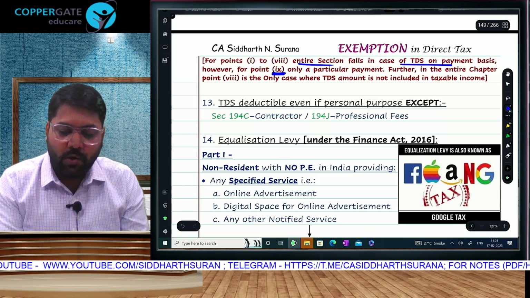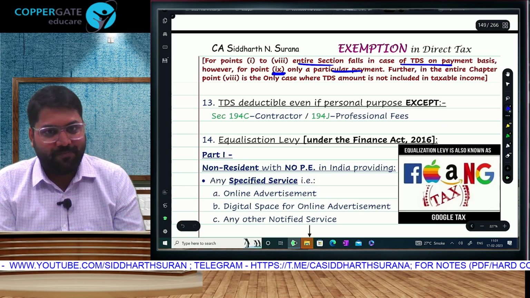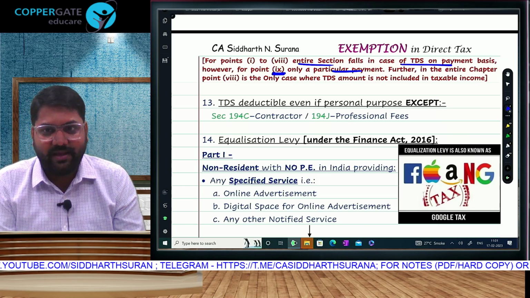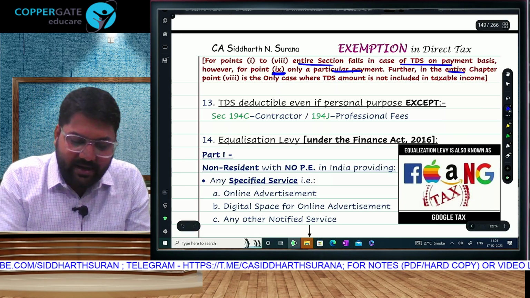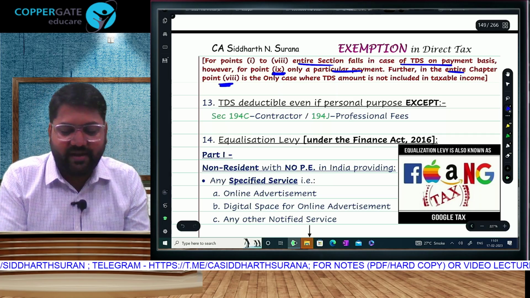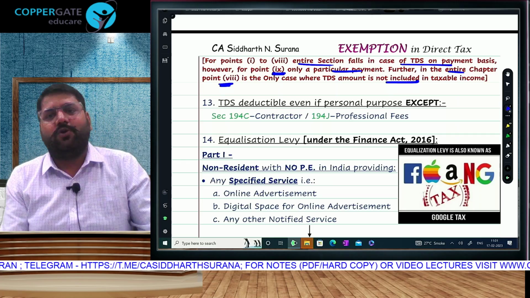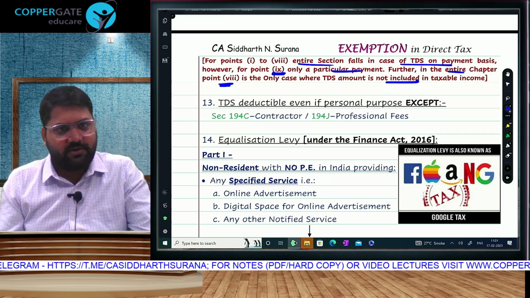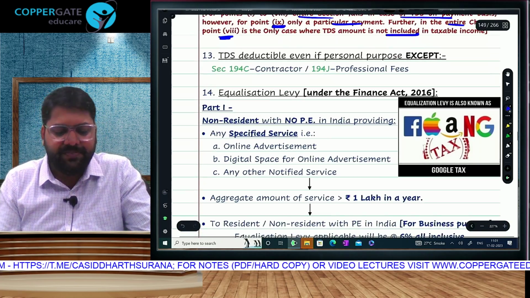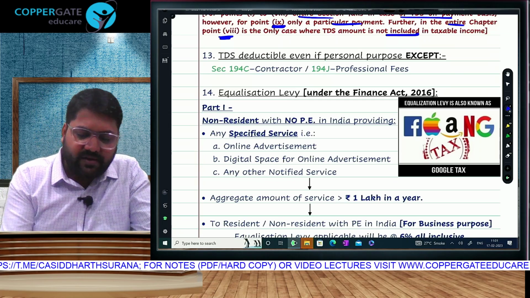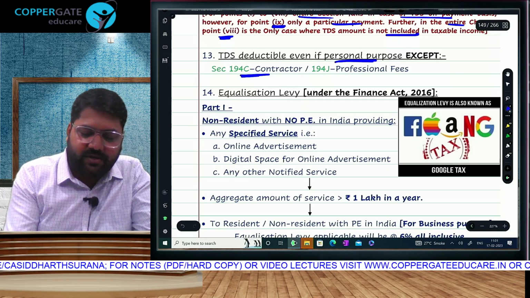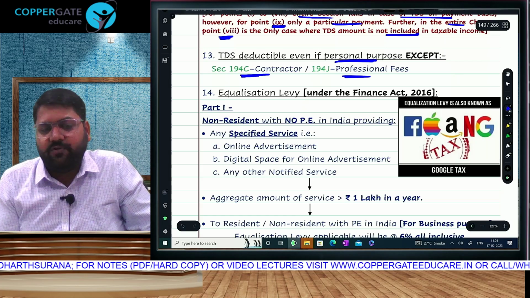For point 9, only one particular payment, interest on compensation. Is that understood, the peculiar point about point 9? And for the entire chapter, point 8 is the only case where the TDS amount is not included in the taxable income, because cash withdrawal from your own bank account is not your taxable income. So these are 2 specific points about point 8 and point 9 respectively. TDS will come even for personal purposes except contractor and professional fees, 194C and J.